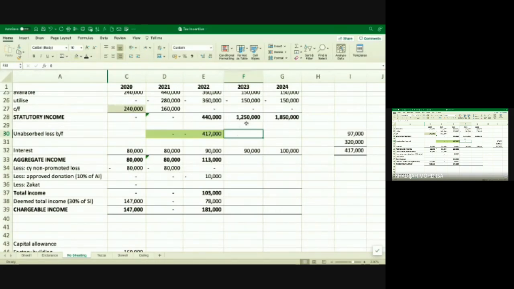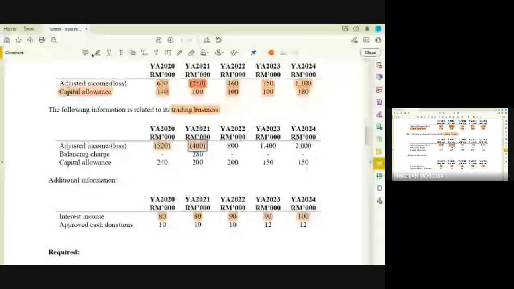Next, when it comes to 2023, you don't have any more losses brought forward because everything has been utilized. There's no more loss during the year. Then you add your 90,000, and aggregate income will be 1,340,000. Current year loss, there's nothing. But approved donation, how much did you donate? 12,000.